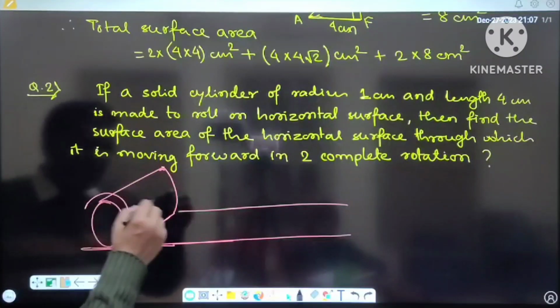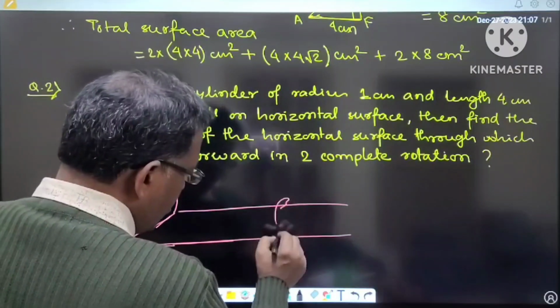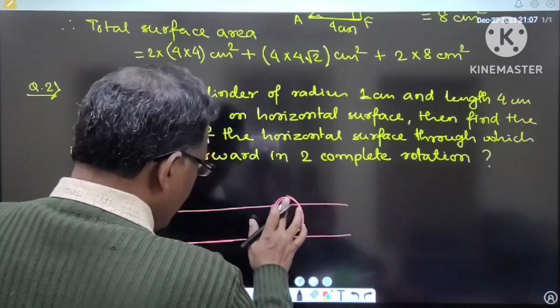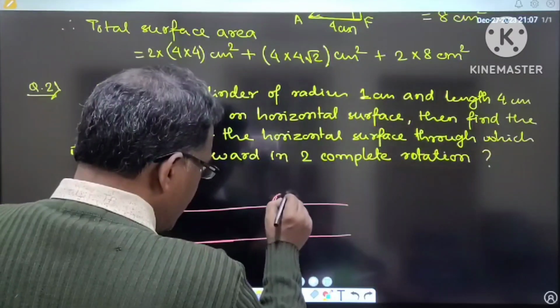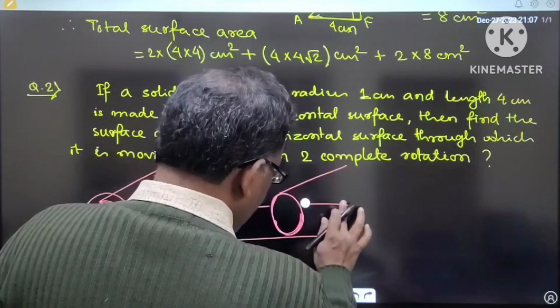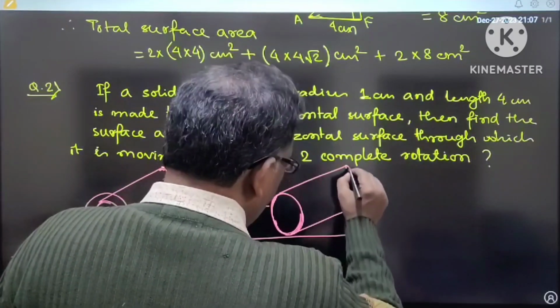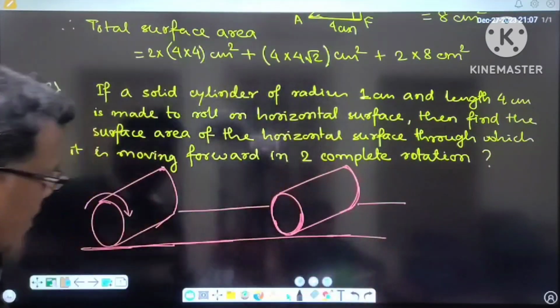We can see the cylinder supposed to have moved through this distance. Suppose the cylinder will be moving forward through a certain distance after completing two rotations of it, right?